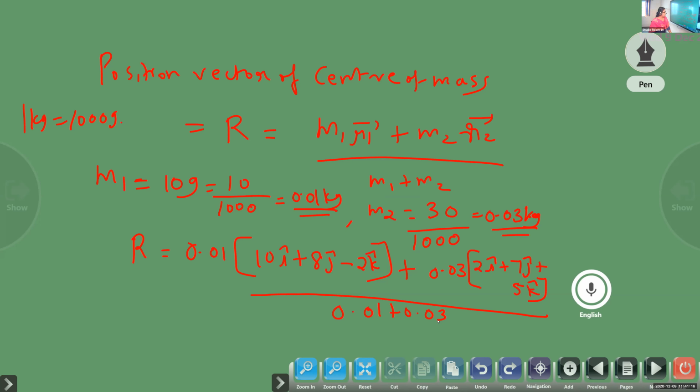Now what is the next step? You have to multiply each position vector first. 0.01 into 10i, 0.01 into 8j, 0.01 into minus 2. Usual multiplication. Similarly, plus 0.03 into 2i, 0.03 into 7, 0.03 into 5.